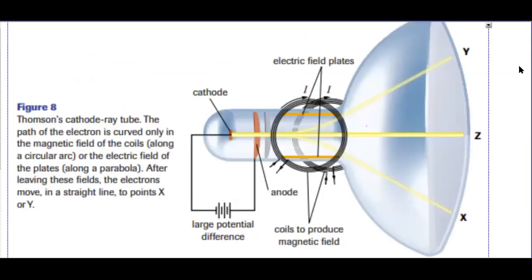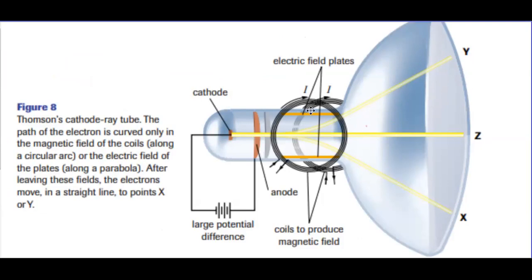Another example of where you might see a version of this, not so much mass spectrometry, is those old television tubes. They're called cathode ray tubes, otherwise known as CRT screens. So what you would have is a magnetic field created by coiled wires, which I'll get into in another video, in the presence of a charged plate.